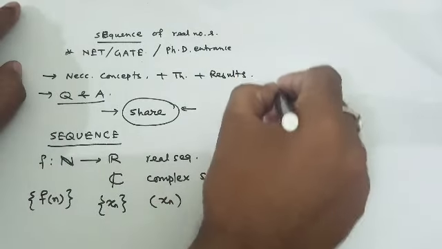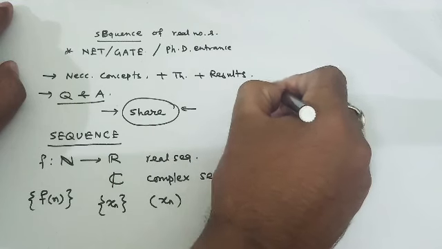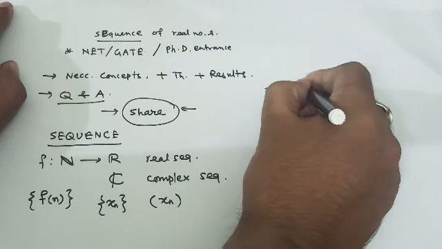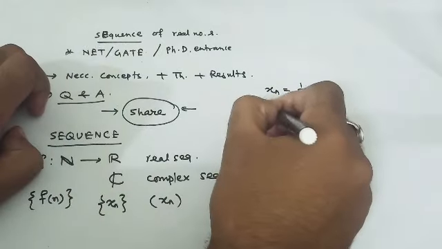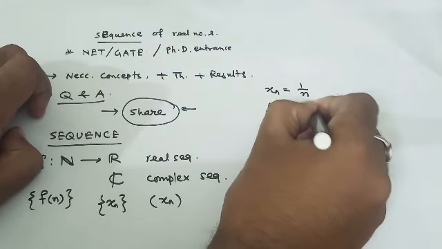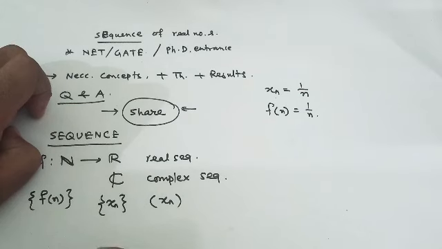For example, here I am considering xn equals 1 by n. Simple example. That means your fn is 1 by n, correct?